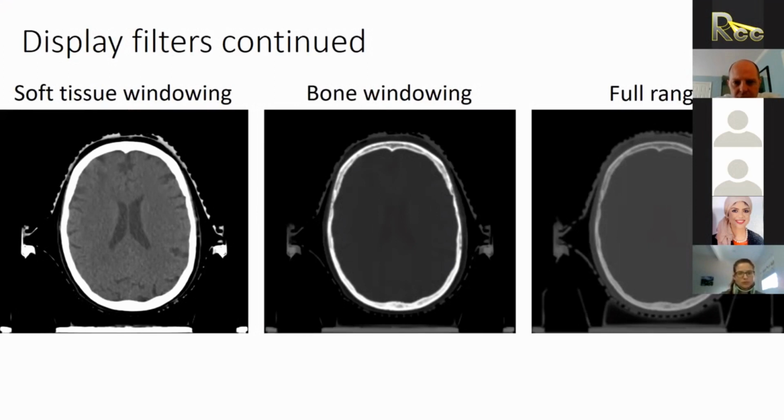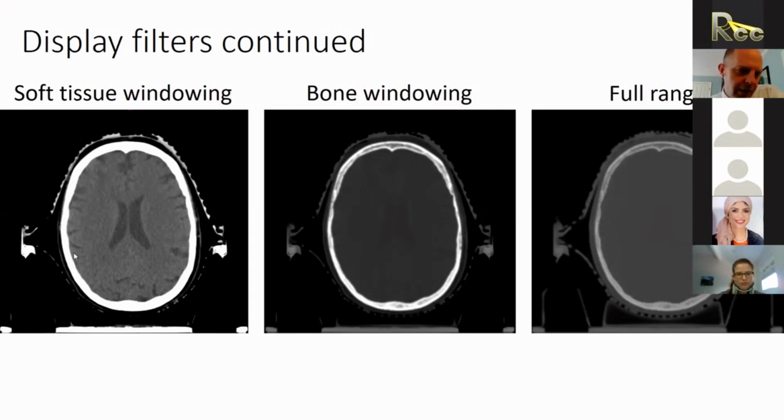So for instance, the Hounsfield units for this image, they go from 0 to maybe 2000, or something like that. So for this one, maybe the minimum that is being displayed is everything below, I don't know, 800 might be black, and everything above 1200 might be white.